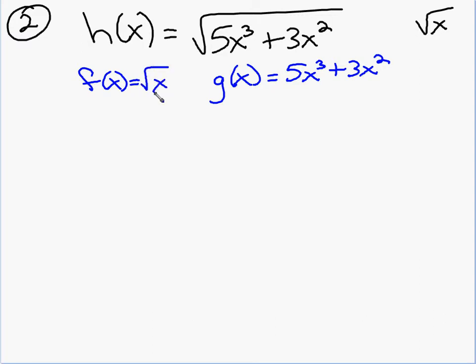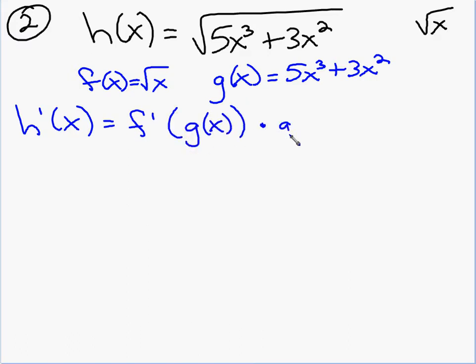All right? So let's write the chain rule. H prime of x equals f prime of g of x times g prime of x. Okay? So we're going to just take this thing one piece at a time. First, f prime.